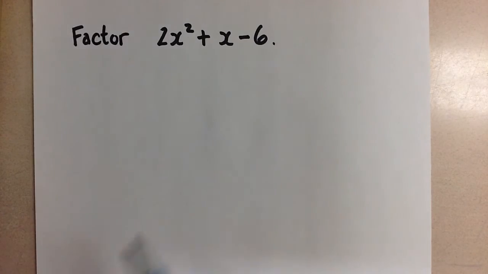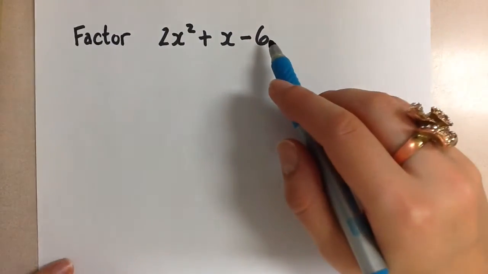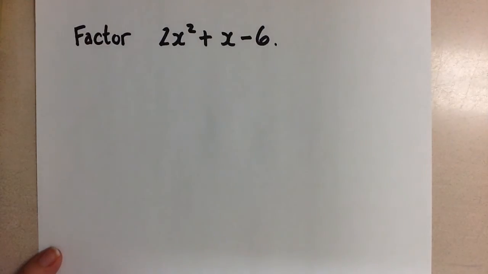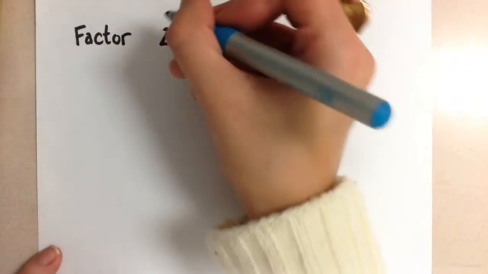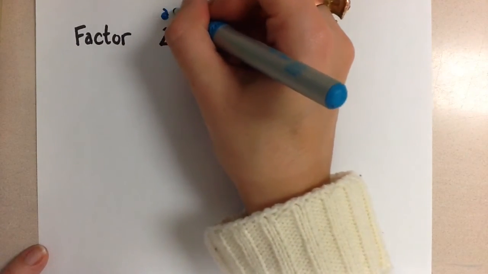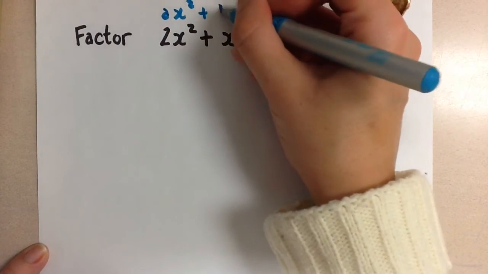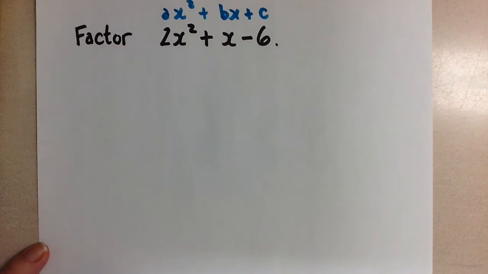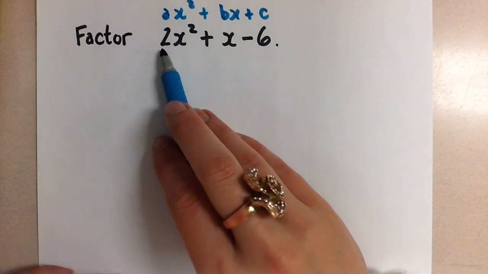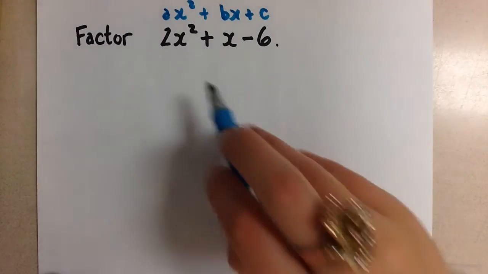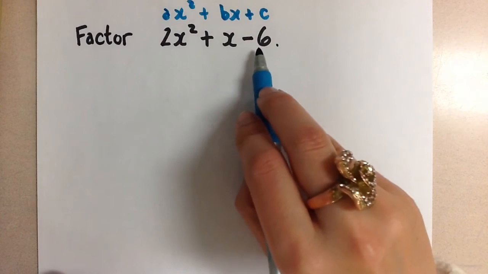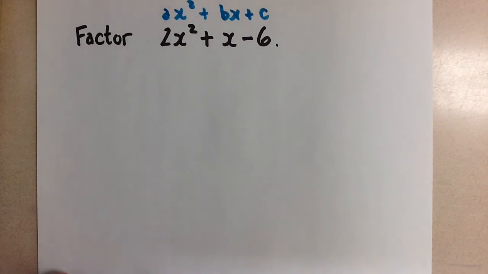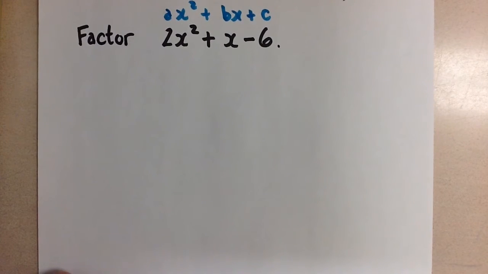So when we look at this one, we see that we have a trinomial in standard form, our ax squared plus bx plus c form, and this coefficient of 2 can't be factored out of all three terms. So when that happens, we have to use a process for factoring called decomposition.